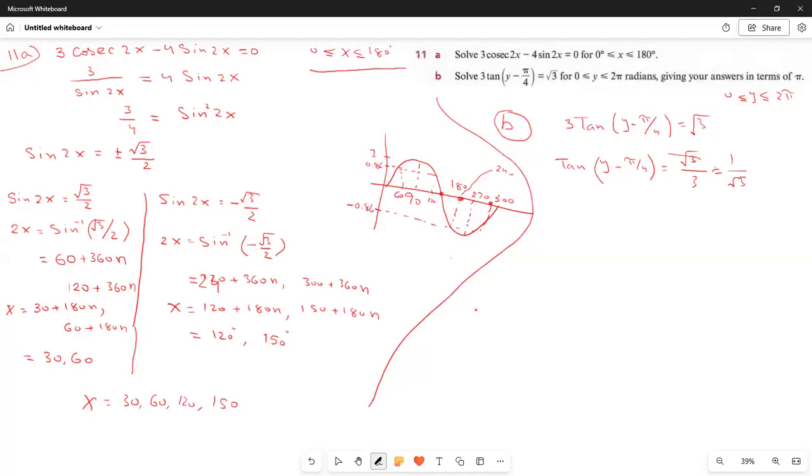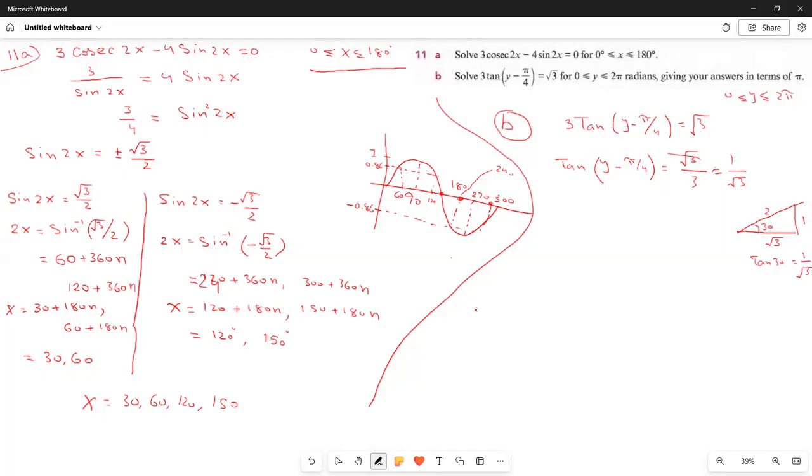And if you remember, if I have a right angle triangle where this angle is 30 degrees, and this is 1, this is 2, and this is root 3, then tangent of 30 degrees is 1 over root 3. 30 degrees means pi by 6.